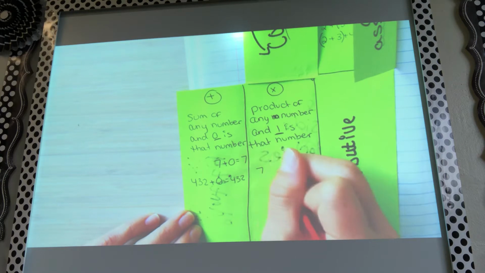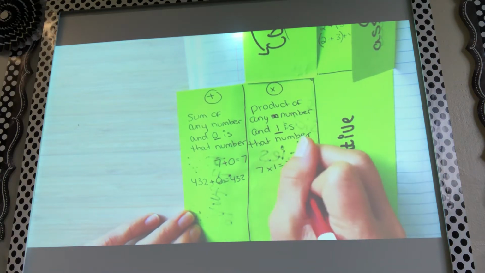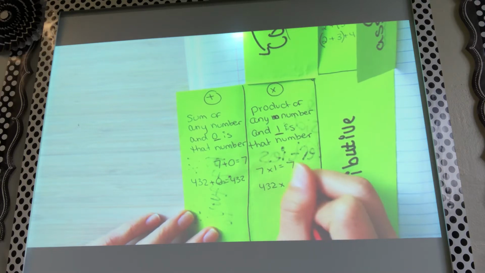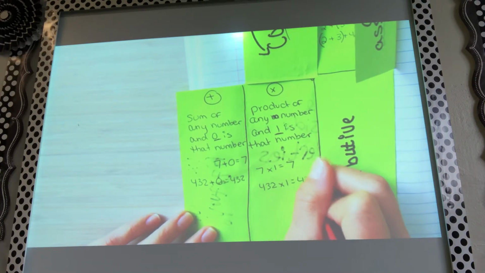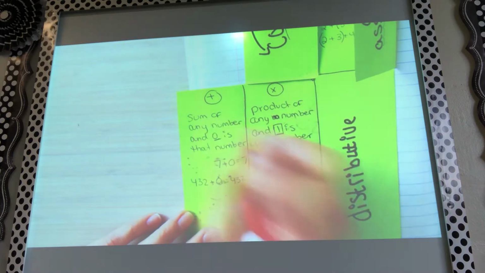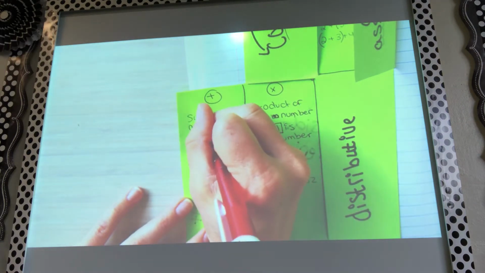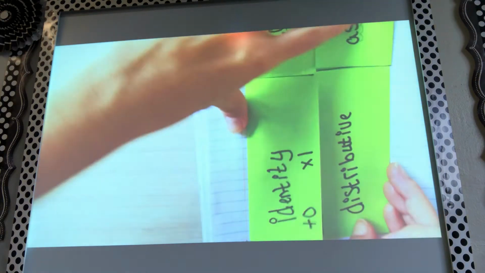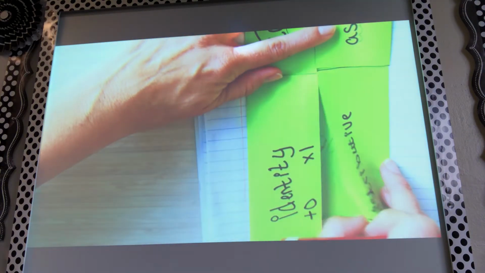So I could say 7 times 1 equals 7. 432 times 1 equals 432. So really, this is our big difference. Here we're multiplying by 1. Here we were adding by 0.